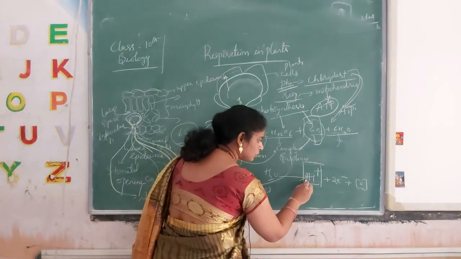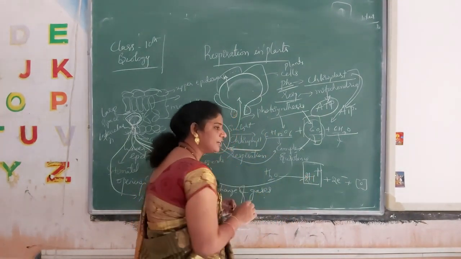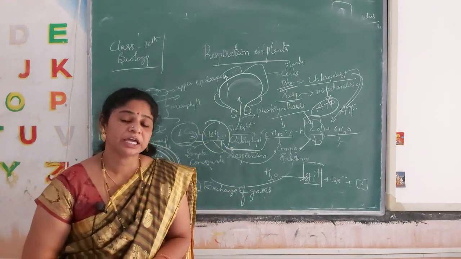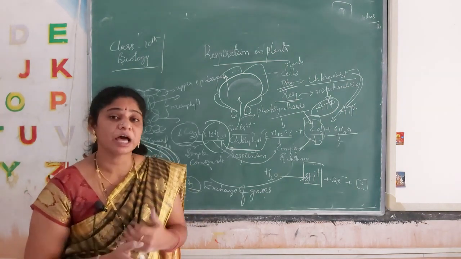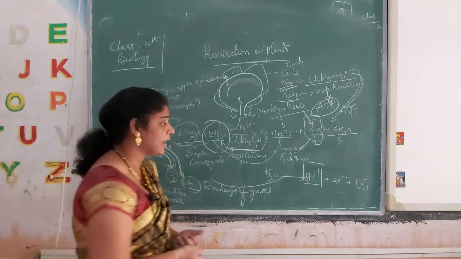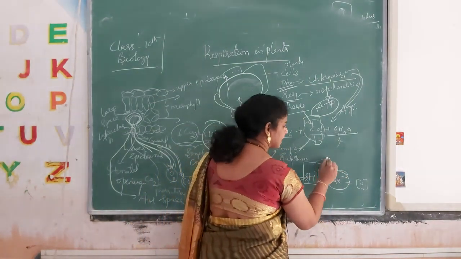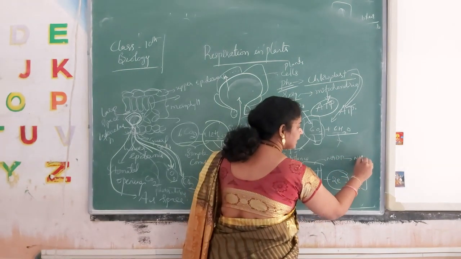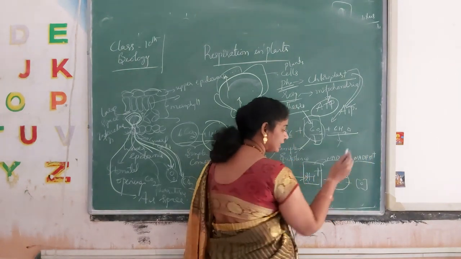So protons are also helpful in the movement of gases. In the exchange of gases, protons are very important and electrons are also very important. Here the proton reduces NADP into NADPH plus.